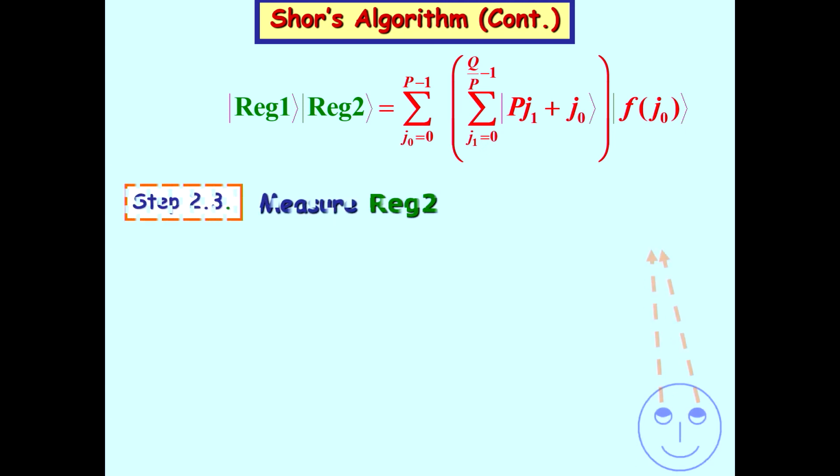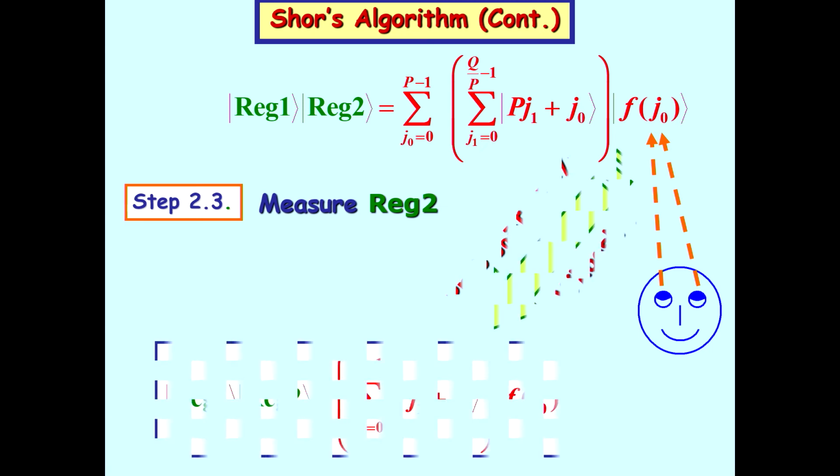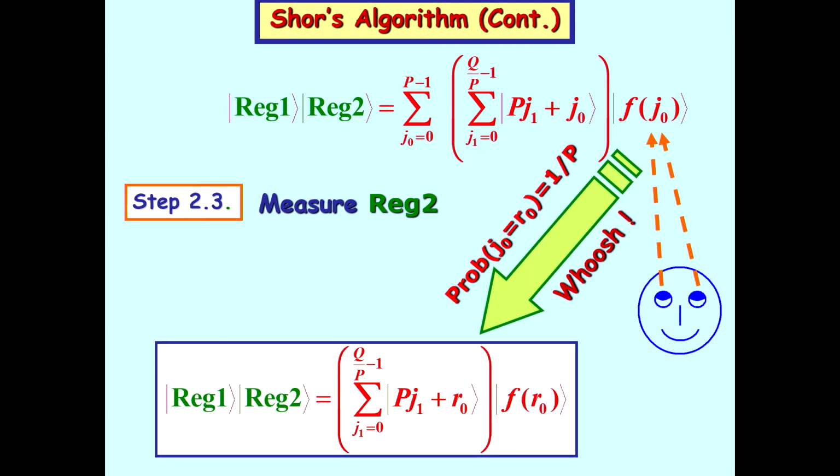If we look at the right register, we don't really have to, but it makes it easier to explain the algorithm. Immediately, the system chooses one of the integers j sub 0, which we'll call r sub 0, and becomes the state indicated at the bottom.